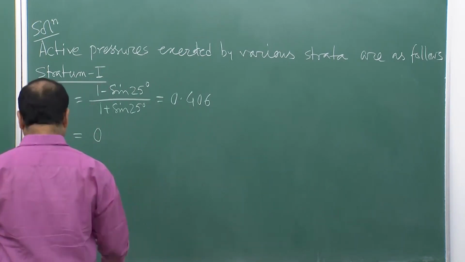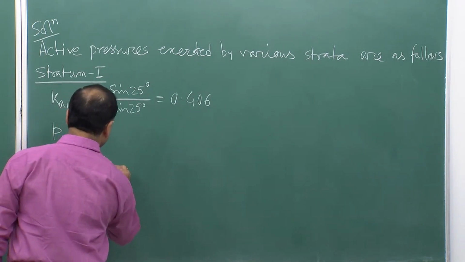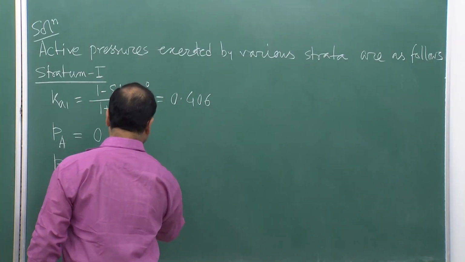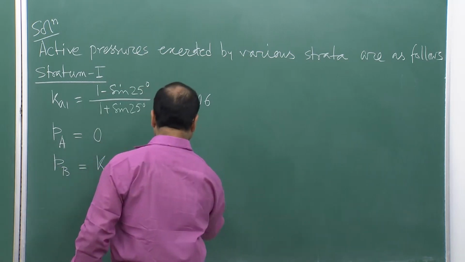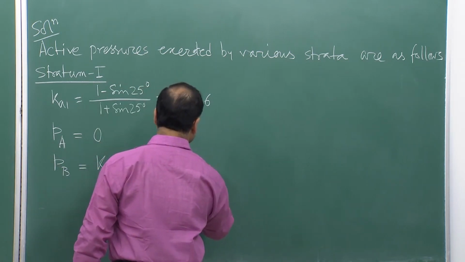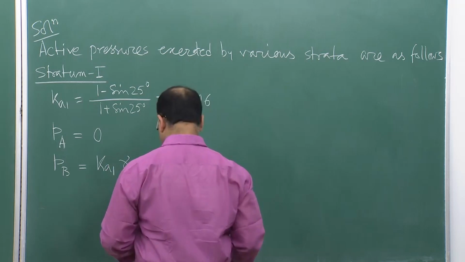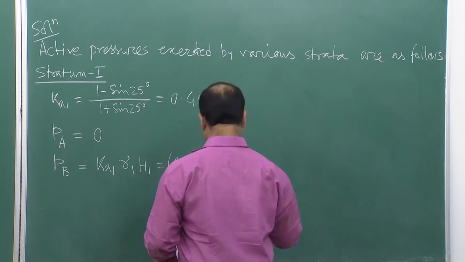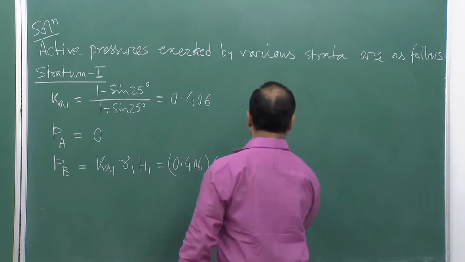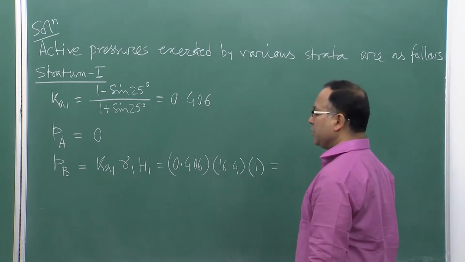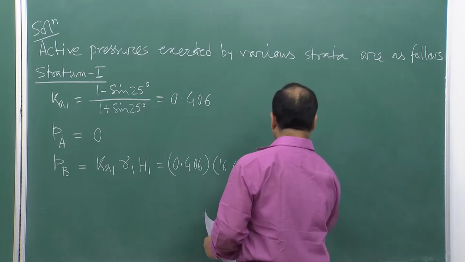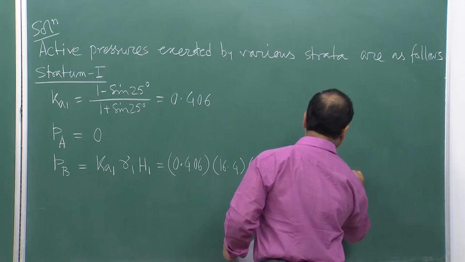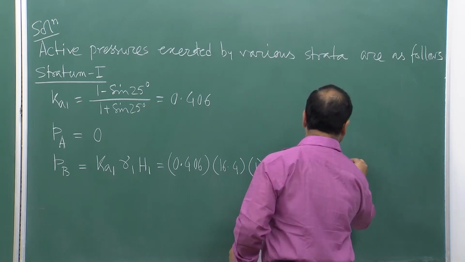Okay. So, Pb is nothing but Ka1 gamma 1 H1, that comes as 0.406 multiplied by gamma 1, which is 16.4, multiplied by H1, that is the depth of stratum 1, which is 1 meter. So, that comes as 6.7 kilonewton per meter square.